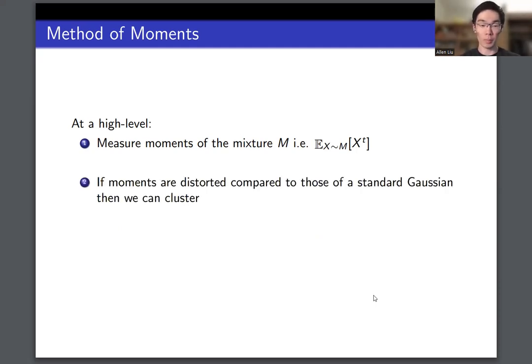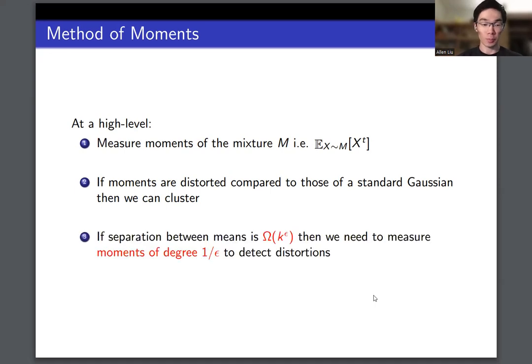And the key intuition underlying these previous algorithms is that if the moments of the mixture are distorted compared to the moments of a standard Gaussian, then we can use this information about how the moments are distorted to find directions that will then allow us to cluster.